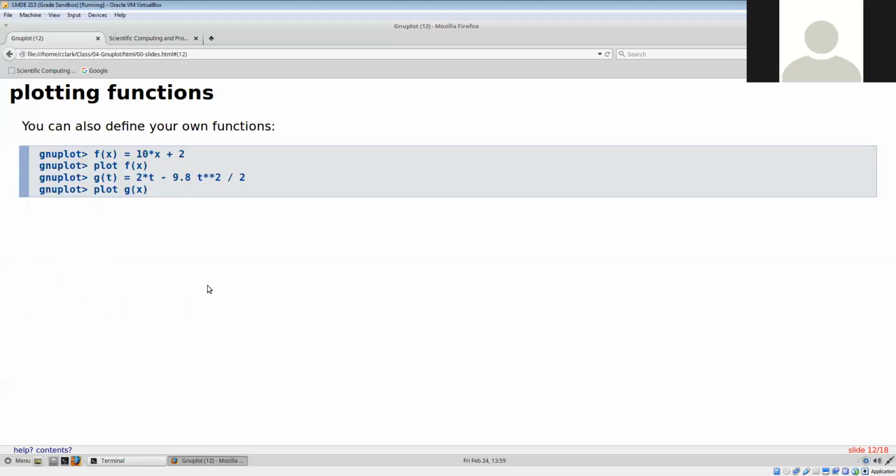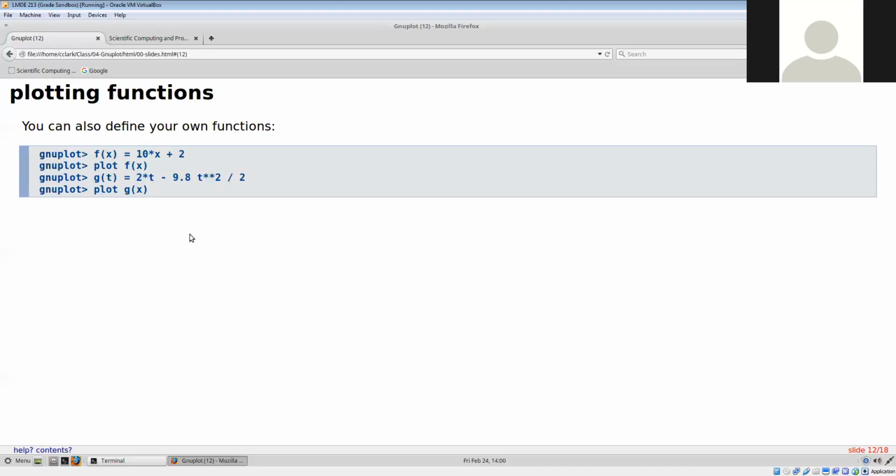So you can also define your own functions. If I wanted to define a function that I could easily change later, the syntax for defining a function is the name of the function you want, parentheses, the variable that it's going to take, is equal to whatever the calculation is. And then I can use that with the plot command like any other function in Gnuplot. This is a really handy feature, especially if you have functions that have a bunch of different parameters in them.